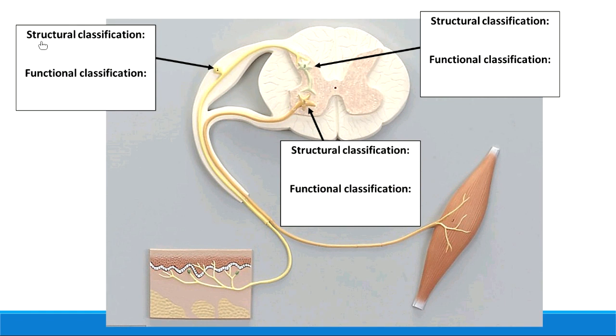When you see the word structural classification, you should be thinking a polar word. And what I mean by that is unipolar, bipolar, multipolar. Anytime we ask you for a structural classification, you should always tell me if it's unipolar, bipolar, or multipolar. That's what I mean by structural classification.